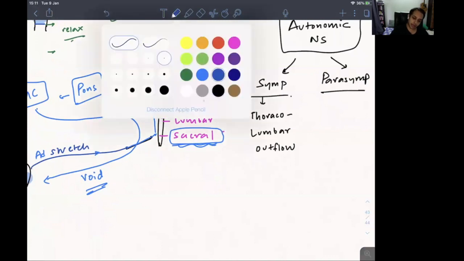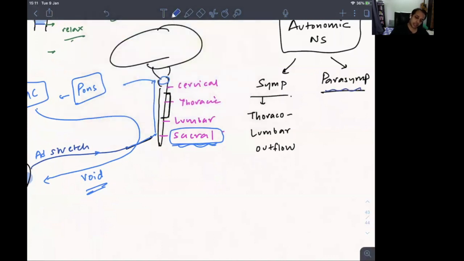And your parasympathetic will exit the spinal cord through the brainstem and the sacrum. So that is known as craniosacral outflow. So this is something that you have to just remember, that parasympathetic fibers will exit through the sacrum and your sympathetic fibers will exit through the thoracic and the lumbar.